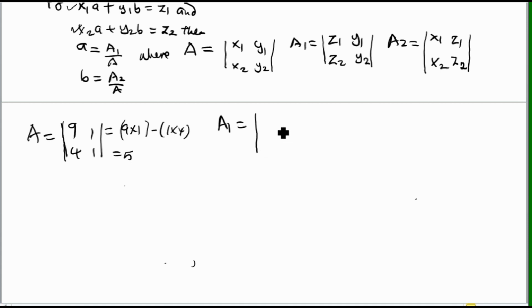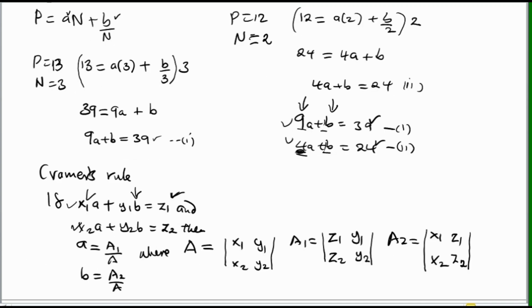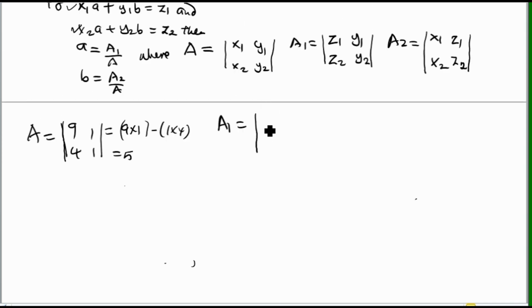Now, the coefficients of A are replaced by the right hand side of the equal values, and from my pair of simultaneous equations, those values are 39 and 24, and then the y1 and y2, the coefficients of B stay, so that is 1 and 1, from which we shall have 39 times 1, the determinant, minus 1 times 24. That gives me 39 minus 24, which is 15.